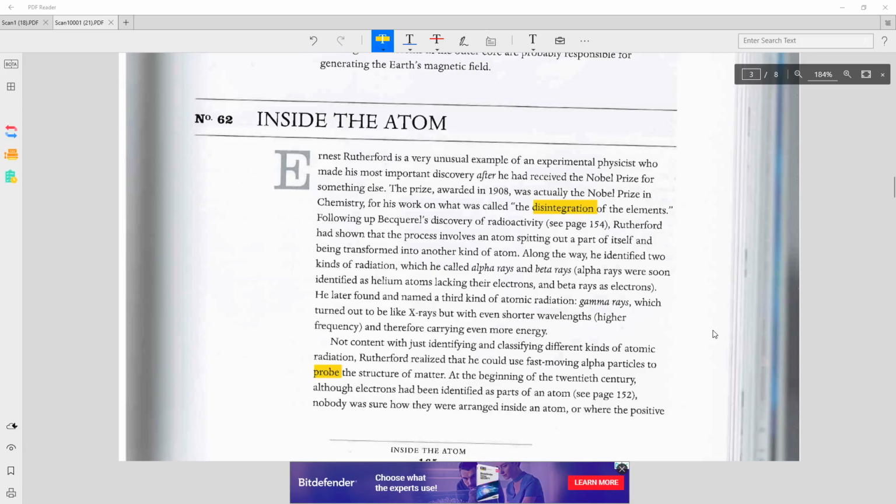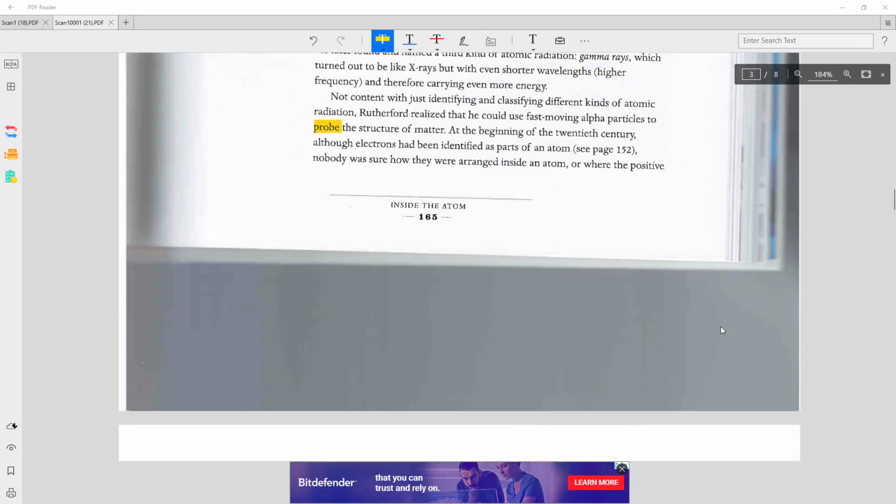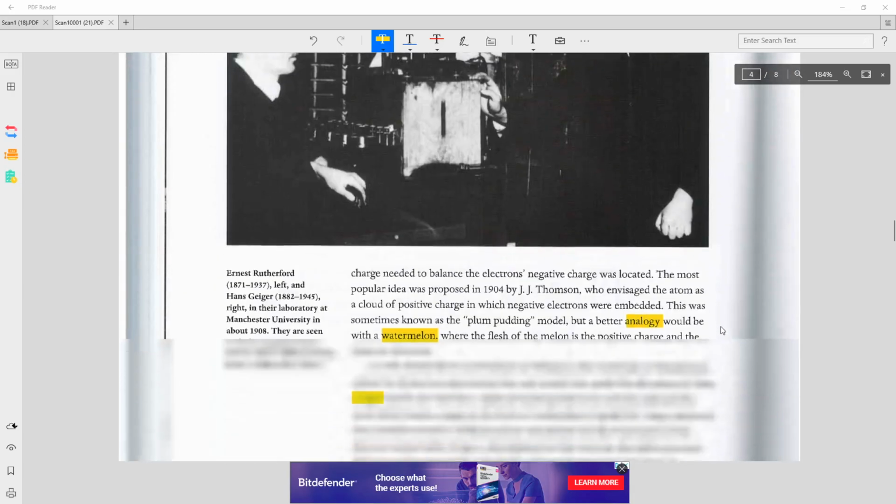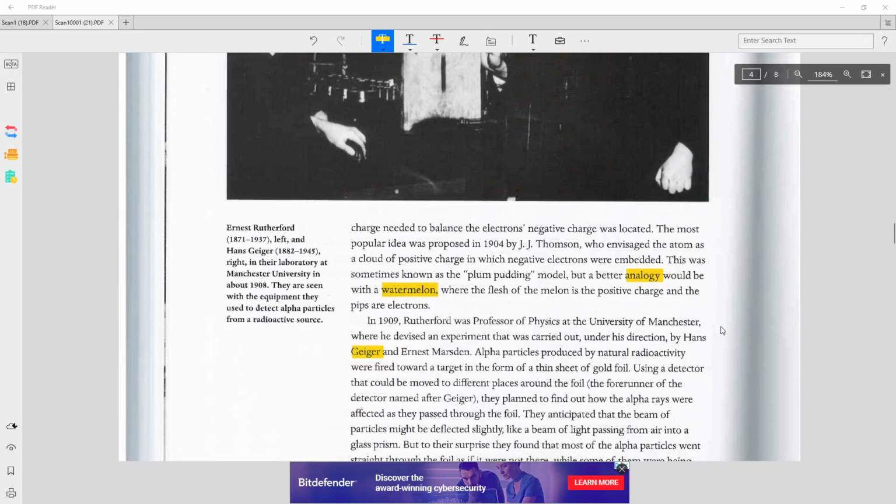At the beginning of the 20th century, although electrons had been identified as parts of an atom, nobody was sure how they were arranged inside an atom or where the positive charge needed to balance the electron's negative charge was located.